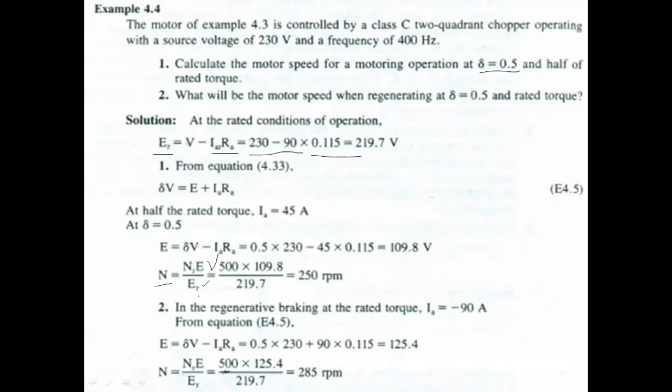For E, from equation 4.33, delta V is equal to E plus IA RA, so E is equal to delta V minus IA RA. Delta, the duty ratio, is given as 0.5, so 0.5 into V, where V is 230 volts, minus IA RA.